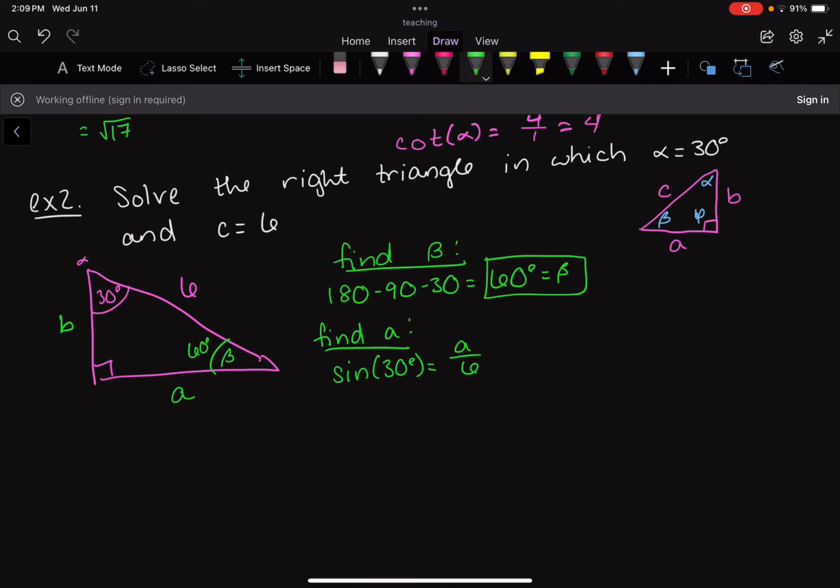So that's one way, and then I can solve this for A. Or maybe I want to use the 60 degree to help me. So I could say cosine of 60 degrees equals A over 6. Either way, I'm going to get the same answer. I just want to point out to you that a lot of times you're going to have some options.